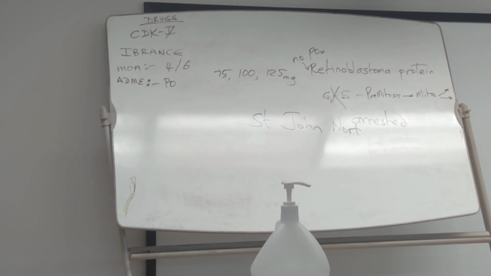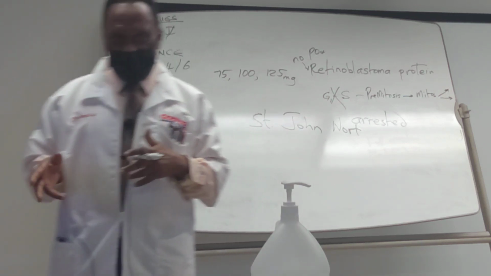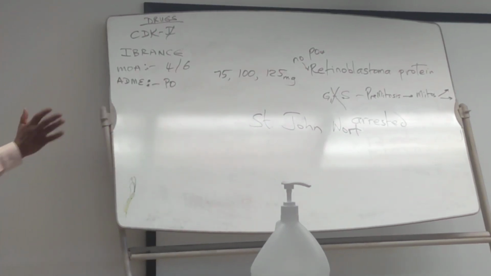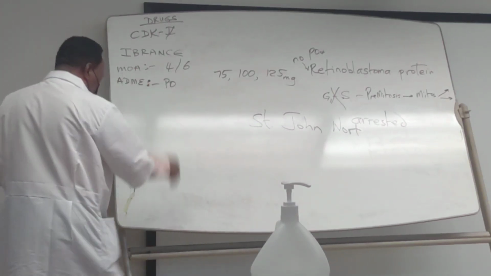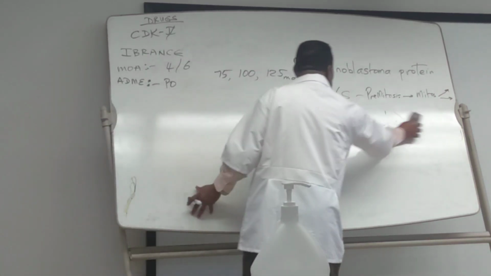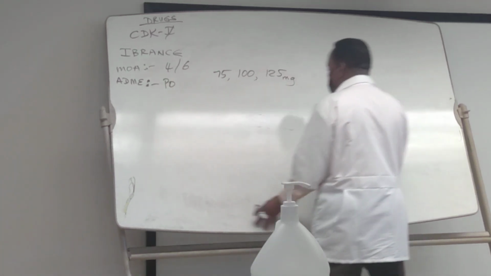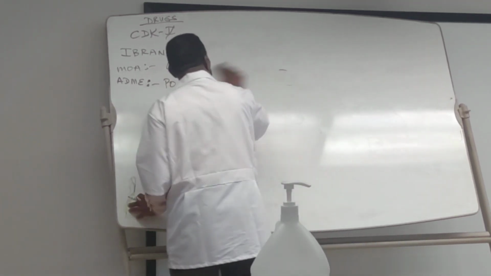So those are the two things to be conscious of. Ibrance should not be used in a patient who is breastfeeding, and it should not be used in a patient who is pregnant. So those are cautionary statements for your Ibrance.